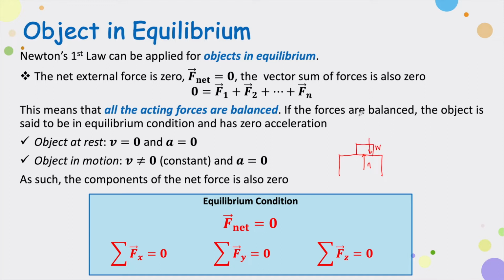Basically, if you're going to add the forces acting along y, given that positive y is upward and negative y is downward, you have the normal force which is upward, so positive, and your weight which is downward, so negative.